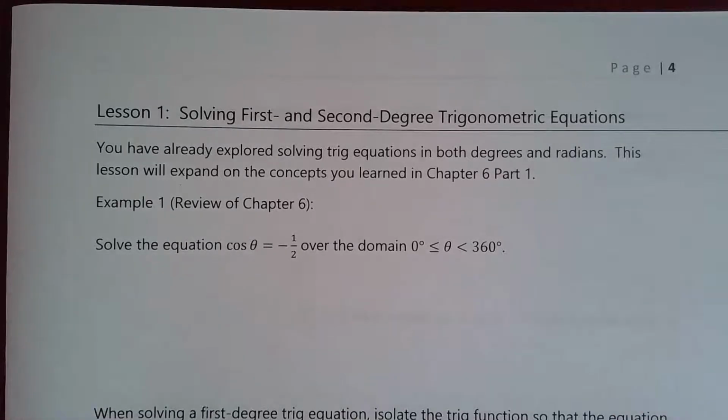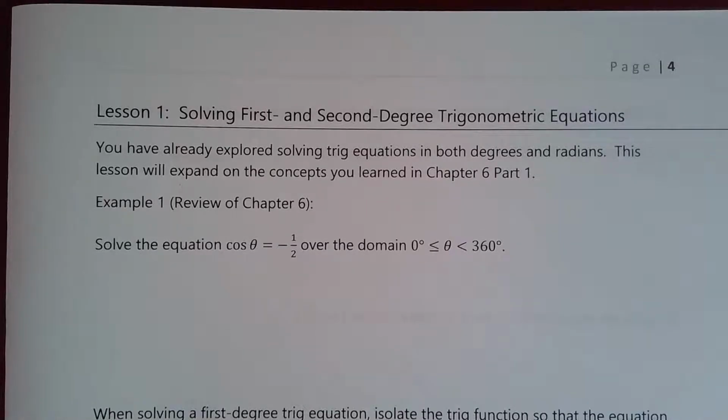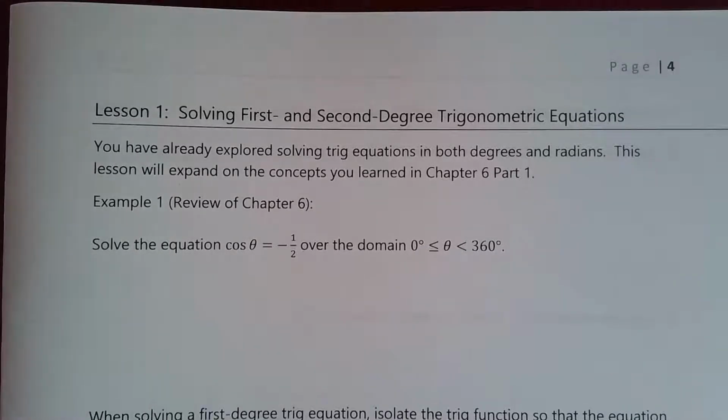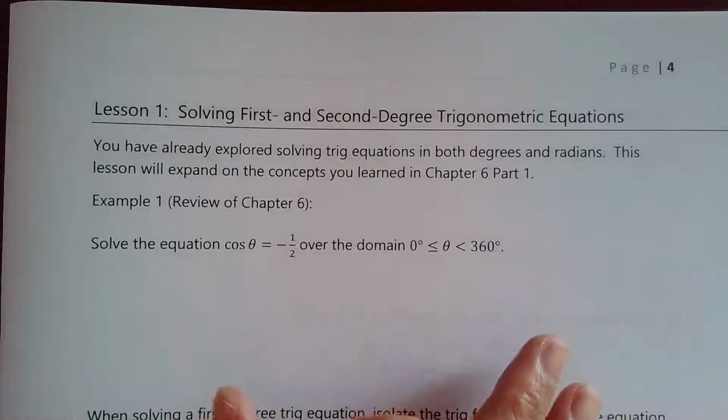A lot of the stuff that we talked about in chapter 6 in terms of the trig unit circle, all of our angles, terminal arms, they're all going to be part of this one.